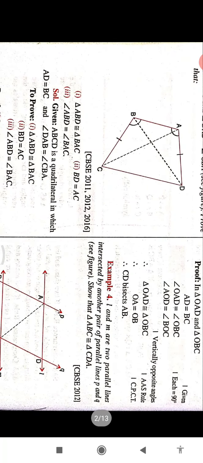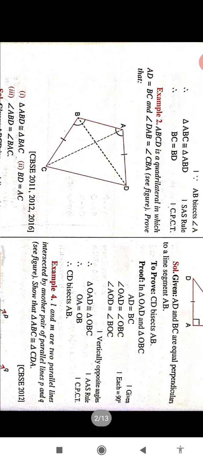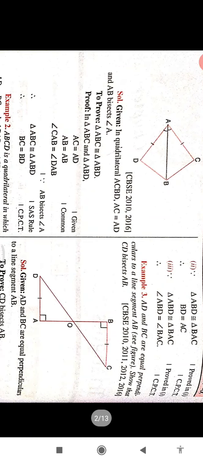Now we are going to prove the second result. First we have proved what? Triangle ABD congruent triangle BAC. This we have proved in the first result.